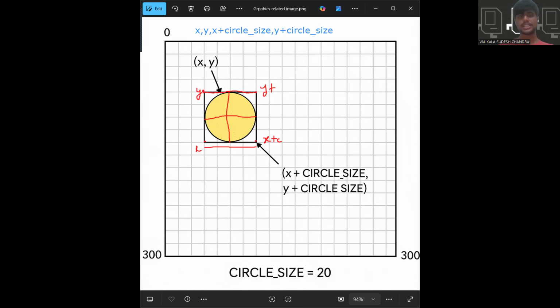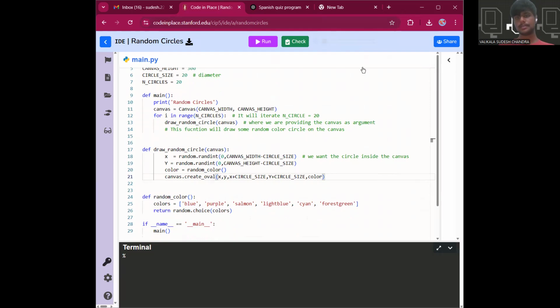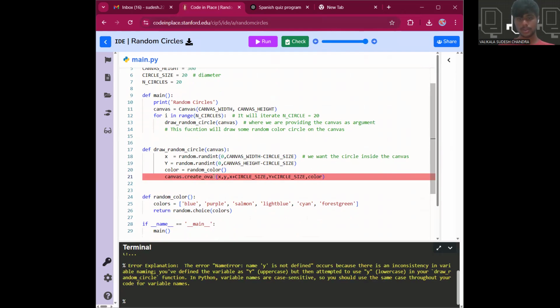Now I will once again share the original code. Okay. Now we are almost done with almost all the code. Let's run this. Okay, where did we make a mistake?